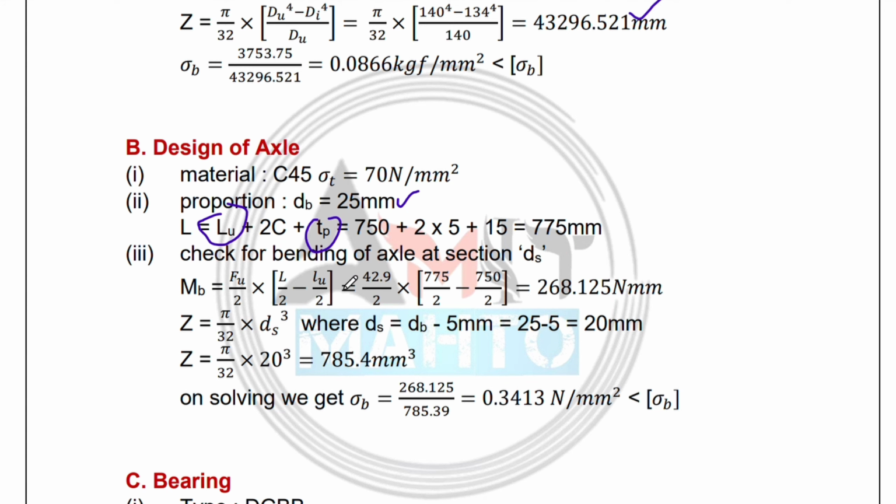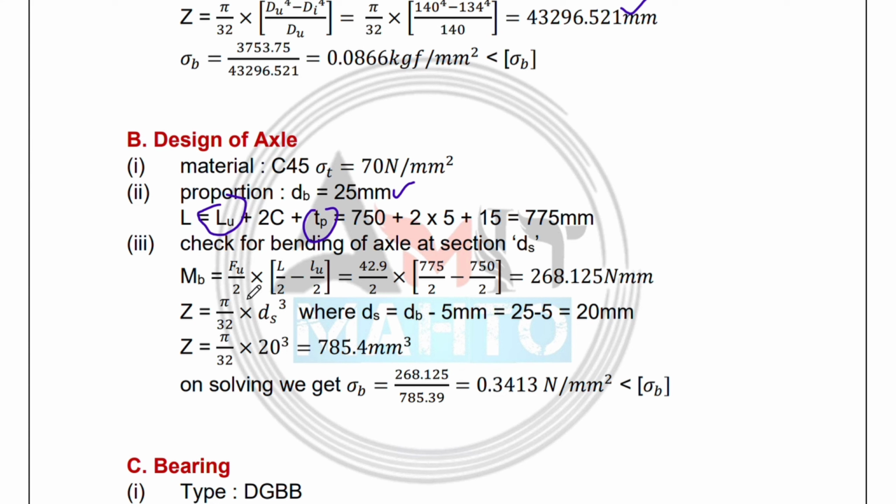Next we will check for bending of axle at section DS. Moment is equal to Fu upon 2 into (L upon 2 minus Lu by 2). Fu will be 42.9, which we found previously.